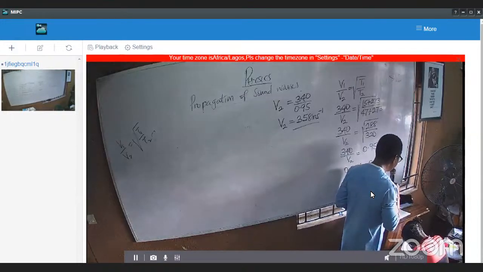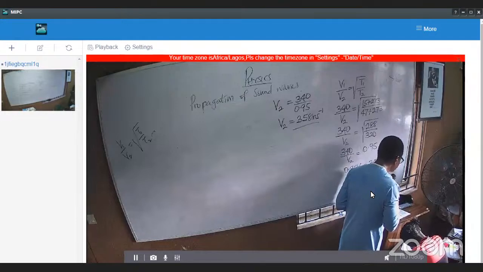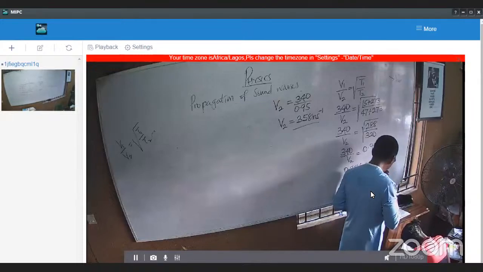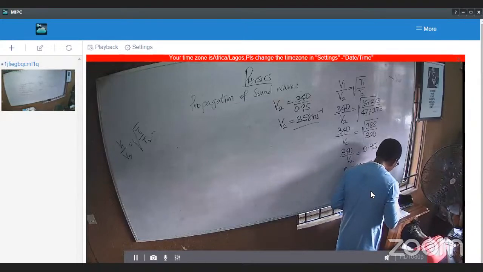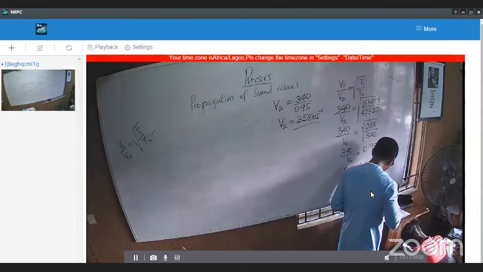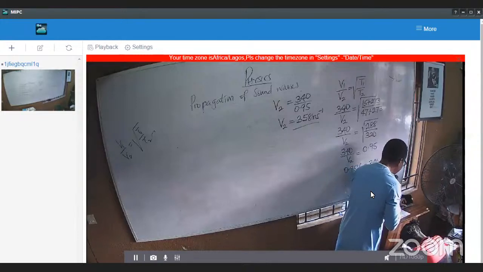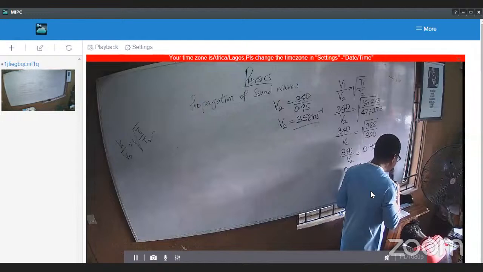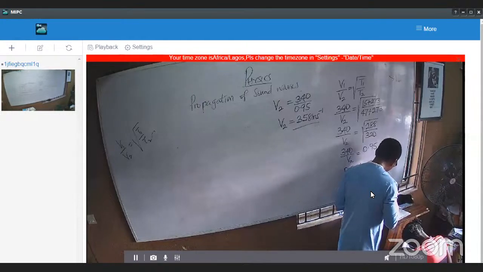Option C, the wavelength of sound becomes greater in the bottle. Option D, sound cannot pass through the bottle.